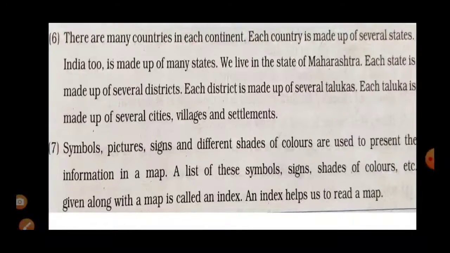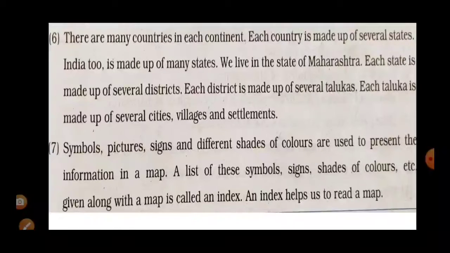Each state is made up of several districts. Each district is made up of several talukas. Each taluka is made up of several cities, villages and settlements. So how a continent, a country, a state, a district, a taluka form, it is given here.